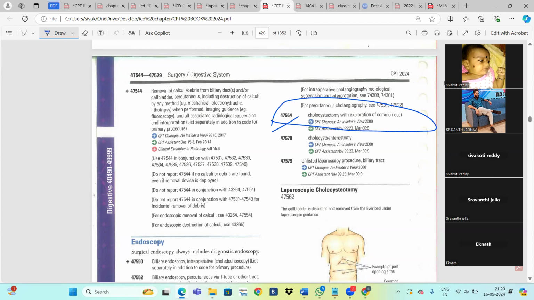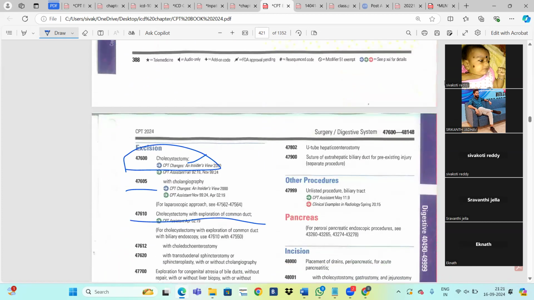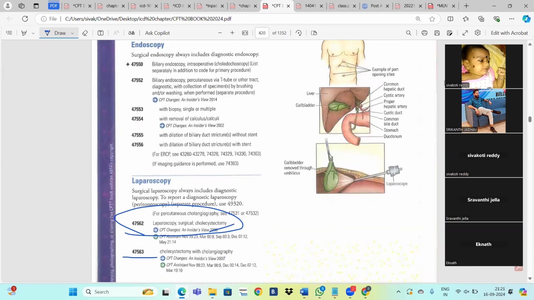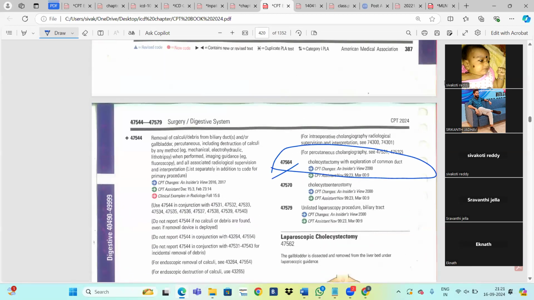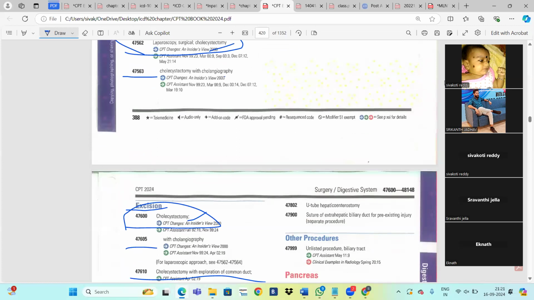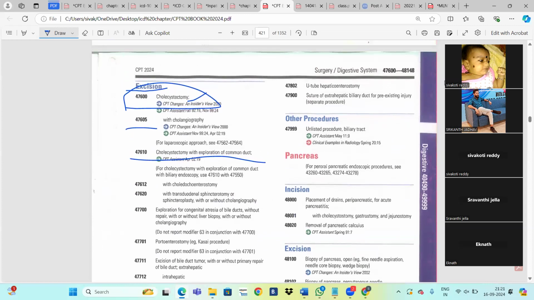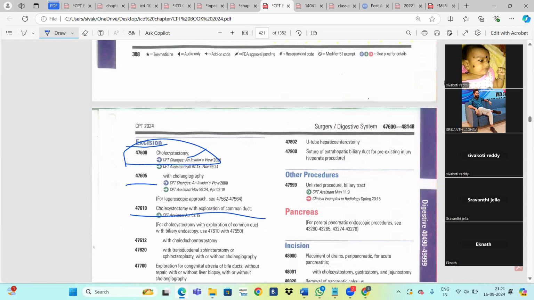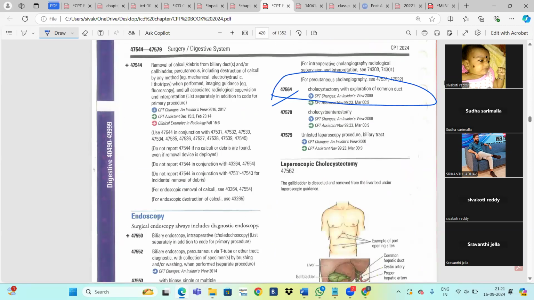Cholecystectomy with exploration of common duct, and down also is like, see, both are cholecystectomy only with exploration of bile duct. So these are the heading laparoscopy, which means all these procedures are performed under scopy. Okay. This is excision, means open. These all are open procedures. Okay. Heading change. These are open procedures for same procedure. These are laparoscopic codes for the same procedure.